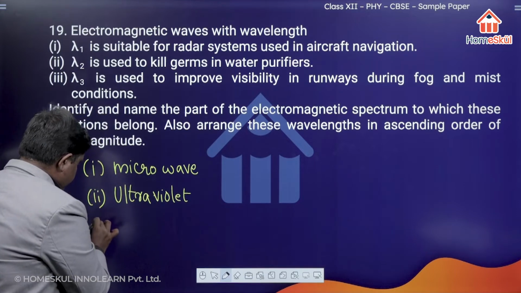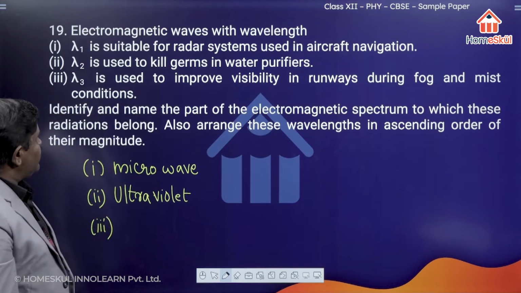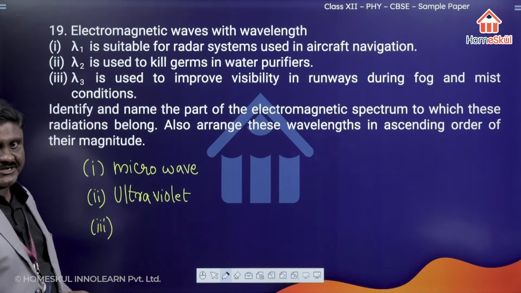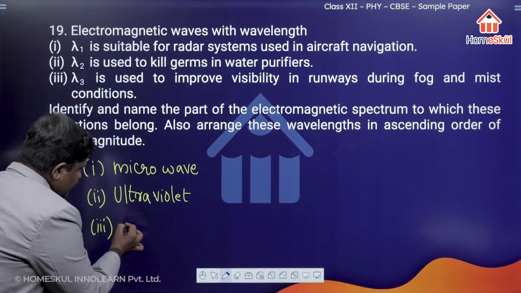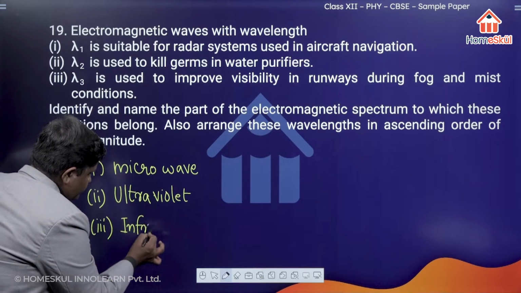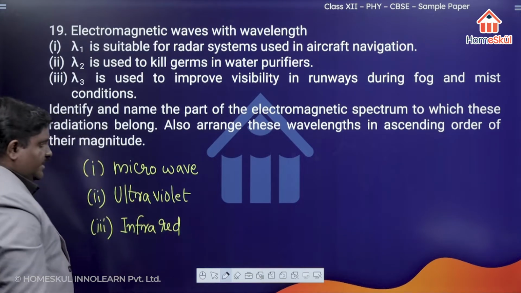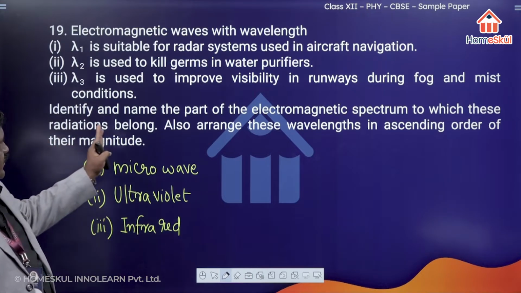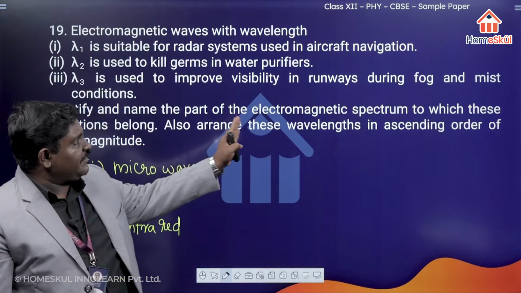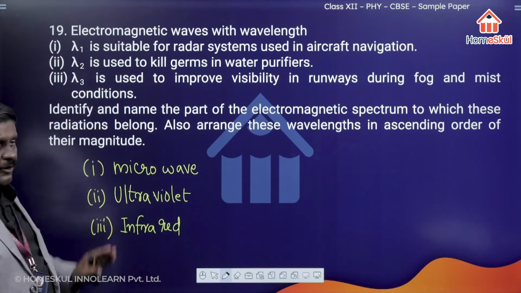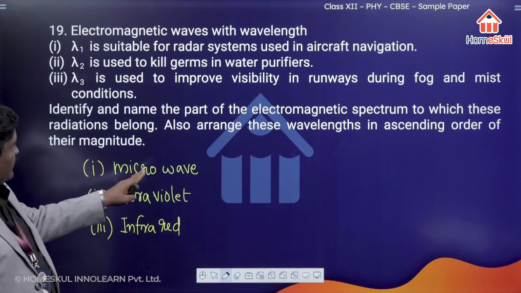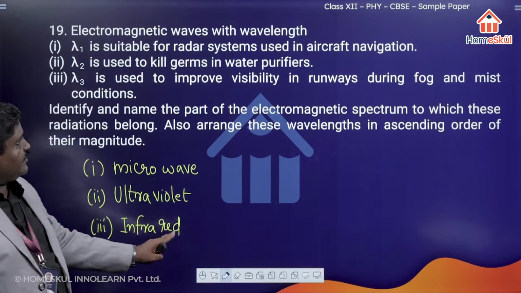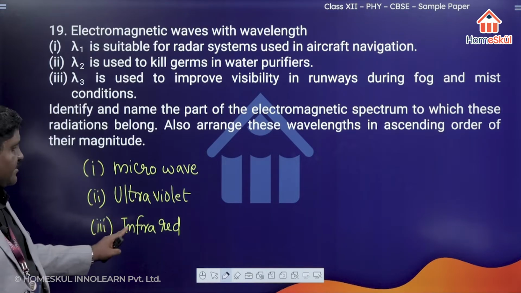Then the third one, lambda 3 is used to improve the visibility in runways during fog and mist conditions. Which one is that? That is infrared. So the first part of the question is over. In radar, it is microwave. For killing the germs, ultraviolet. And to improve the visibility in runways during fog and misty conditions, that is infrared.